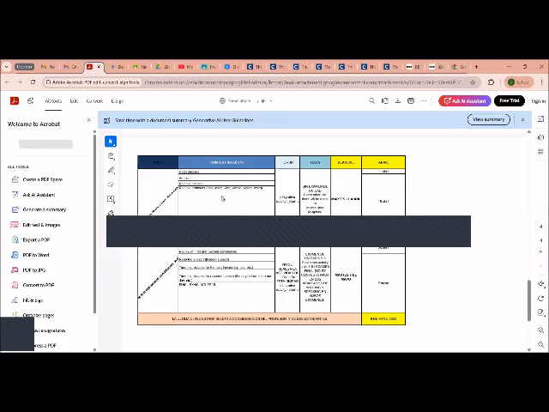Remember, the deadline for everything related to Unit 5 is the 21st. So you have about 10 days to get cracking. Try to do things before the deadline, not on the deadline.